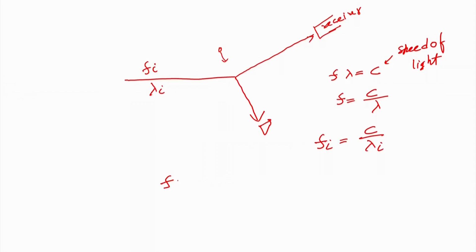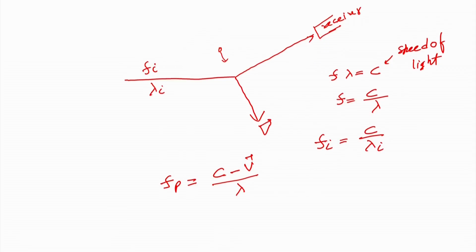So, that we can write as f p, and f p is nothing but c minus v upon lambda. Okay. Now, this can be minus, this can be plus. It will be minus if the velocity is in the direction in which the light has been incident.